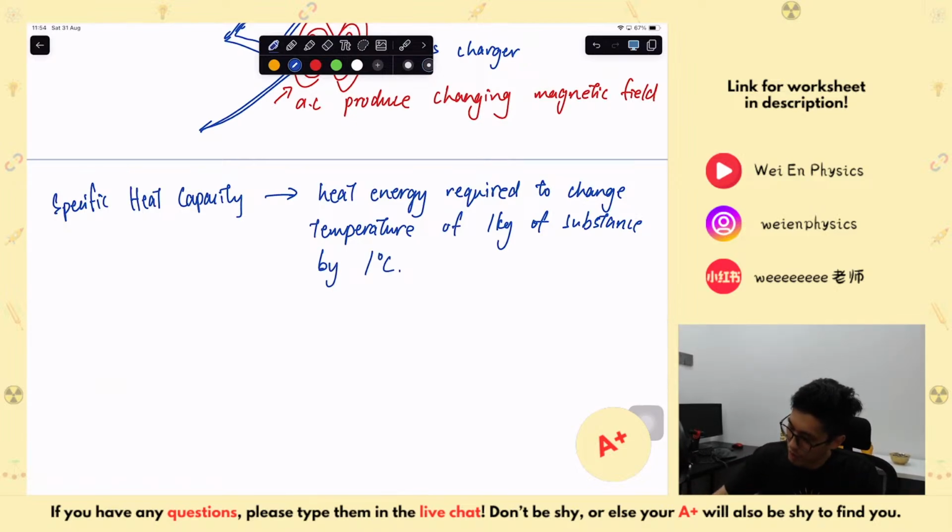Very important, you must mention 1 kg of substance and 1 degree Celsius. How much heat energy you need for 1 kilogram of thing to increase by 1 degree, or even decrease. If you want to cool down something, you have to remove heat energy to decrease by 1 degree. That is also specific heat capacity.